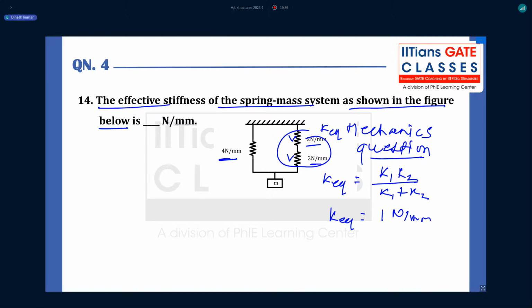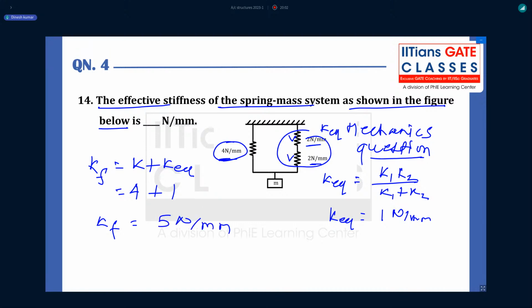So whenever springs are in parallel combination, what will be the K final? It will be this K plus K equivalent. This K is 4, and K equivalent we got 1. So K final is 5 Newton per mm.